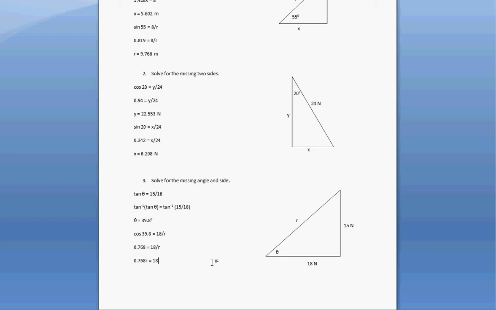So r is equal to 23.438 newtons. Check to make sure it makes sense. This side should be our longest side, and it is longer than both 15 and 18 newtons. Thank you for watching the sine, cosine, and tangent video tutorial.